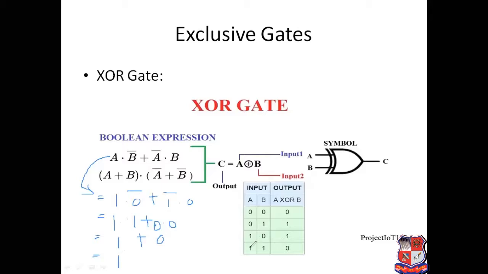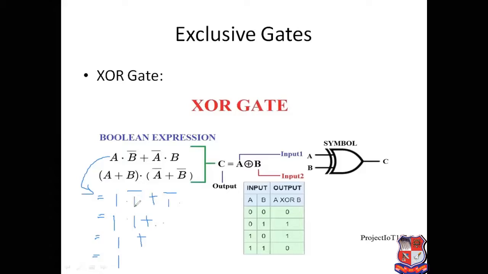Same, if you are putting value 1 1, then you will get value 0. So we will check if I will put value of 1 1, then what will happen. So here I will put value of B as 1.